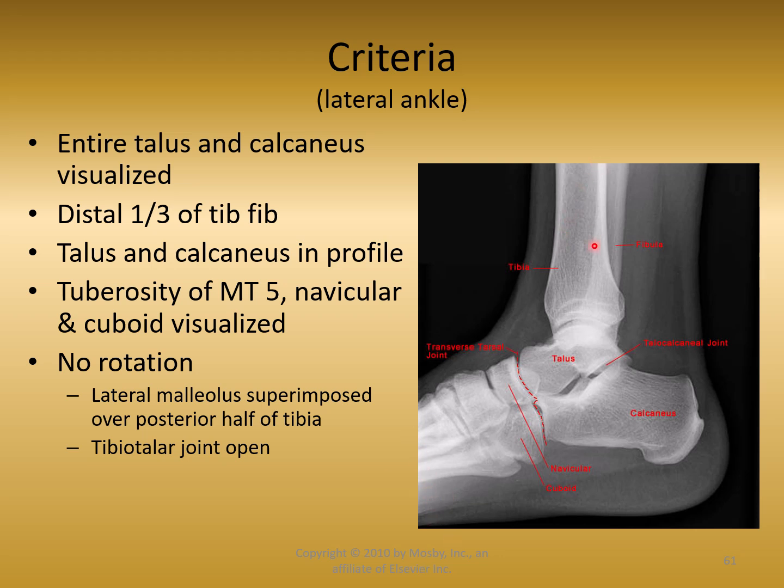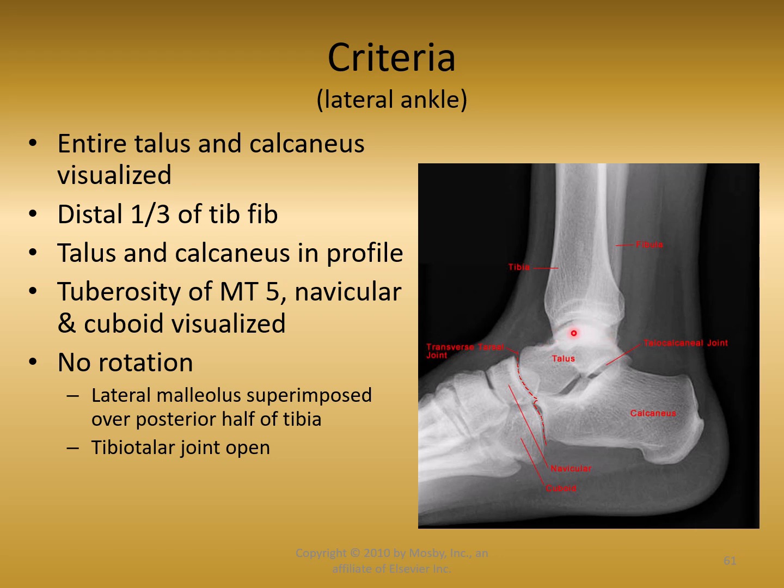All right, we want at least 1/3 of the tib fib in this image. So very specific about no rotation demonstrated by what's happening at the tib fib. That lateral malleolus superimposed over the posterior half of the tibia, right back here. That's what we're going to look for. Tibiotalar joint open. Tibiotalar joint is that talar dome, right?